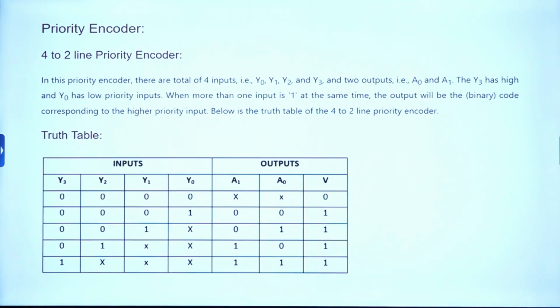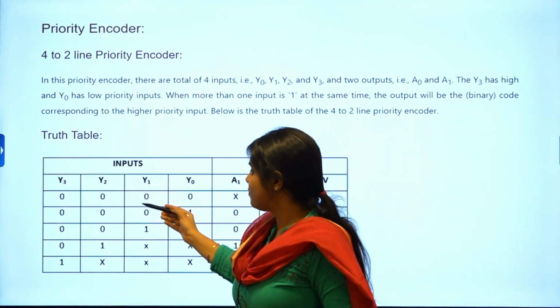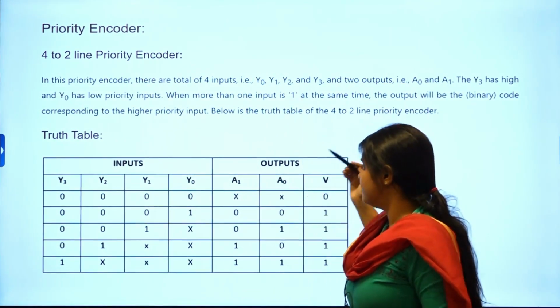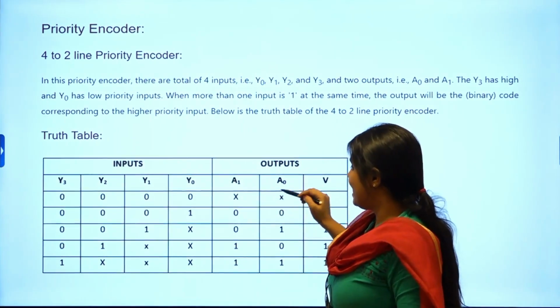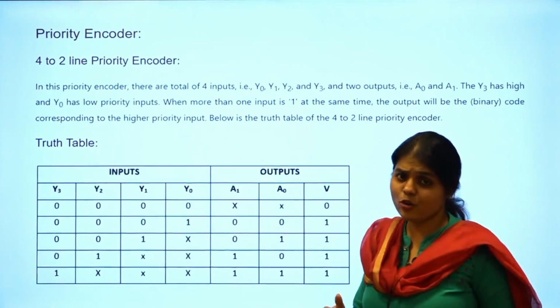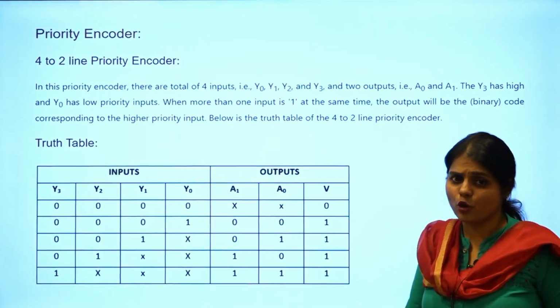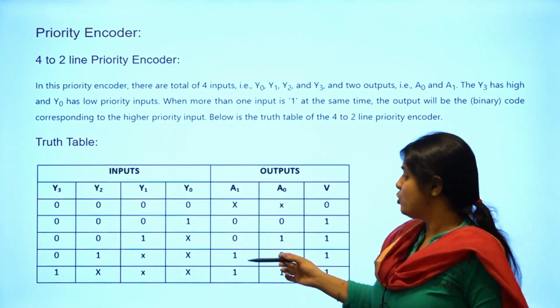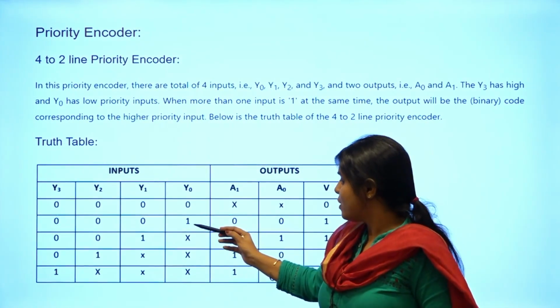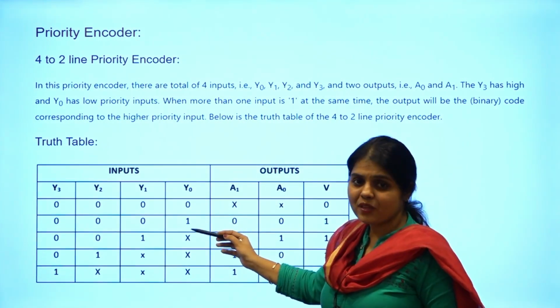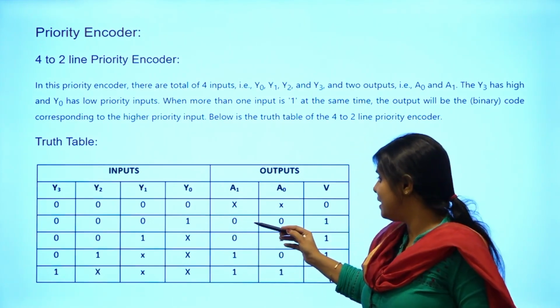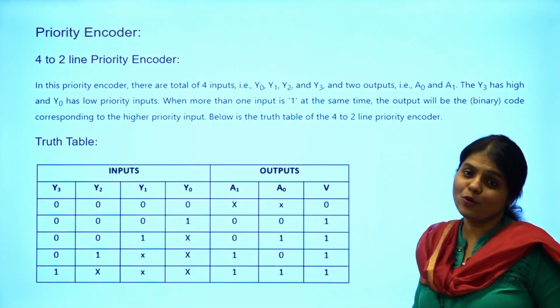Here, if none of the inputs are activated, A0, A1 will be unknown, and V is 0. I am not putting any priority. When only Y0 is high, my output would be 0, 0.